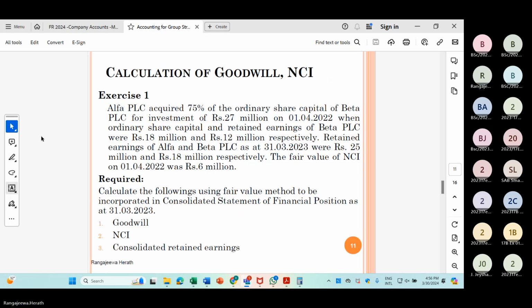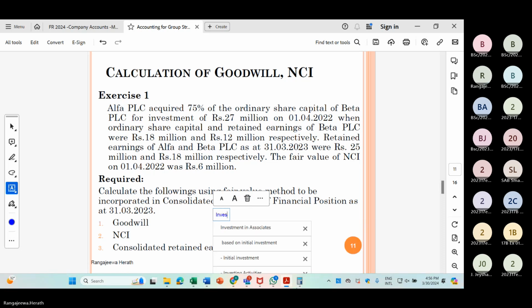So the goodwill calculation, we need investment. We have investment 27 million, and we take fair value of NCI, non-controlling interest, which is 6 million.